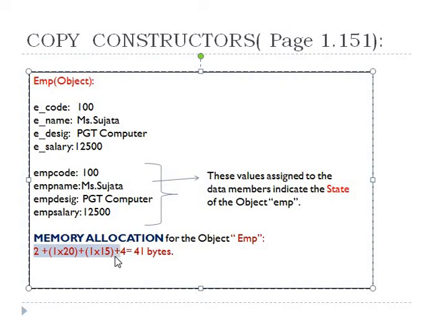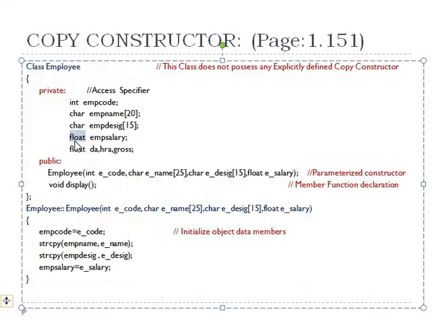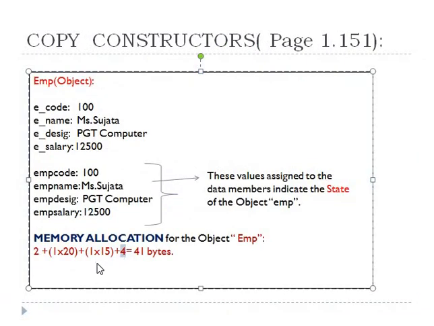Now after this, again I am adding 4 bytes into it. This 4 bytes is coming from the data member EMP salary, which has been assigned the value 12,500. Because the data type of this data member EMP salary is float, you can see it clearly here, and since float takes 4 bytes, I add 4 just after 2 plus 20 plus 15.